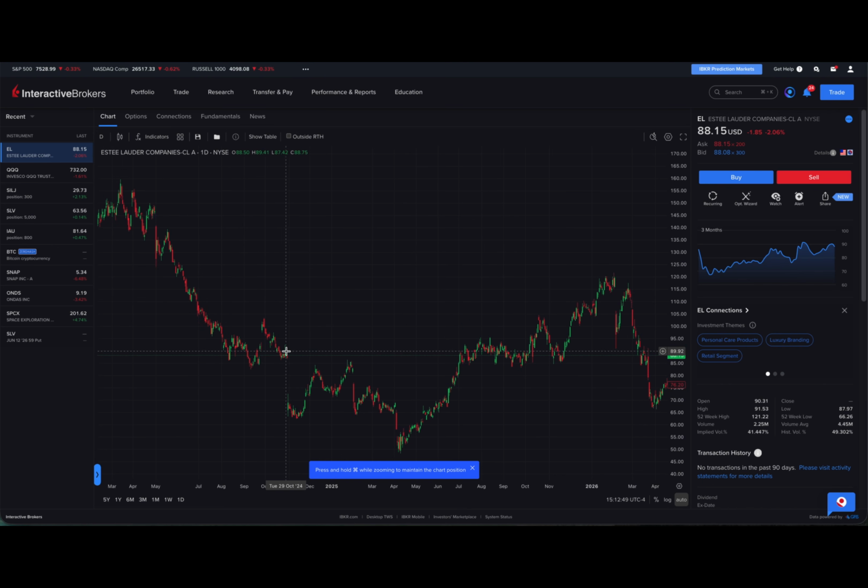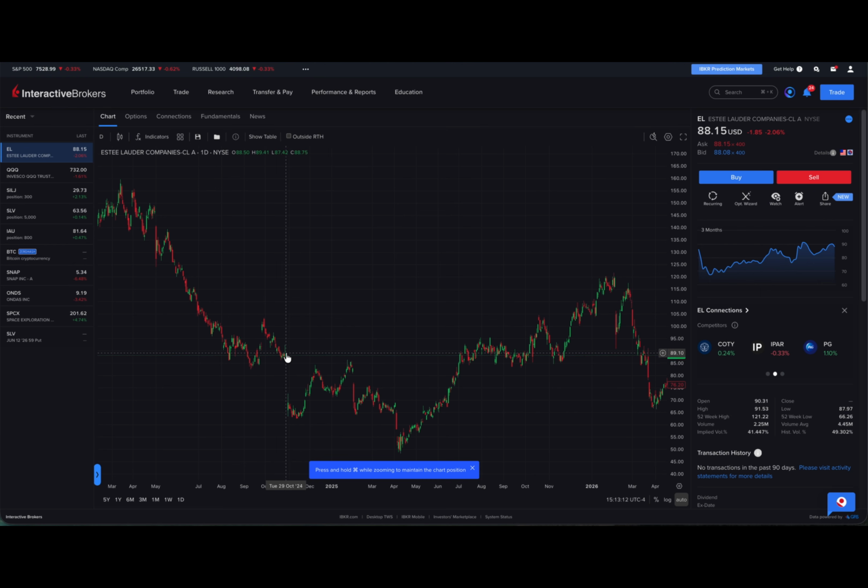And for those who follow the challenge, they may recall that at around the end of October 2024, there was an earnings announcement of Estee Lauder for the Q3 2024, and the stock had this huge gap.